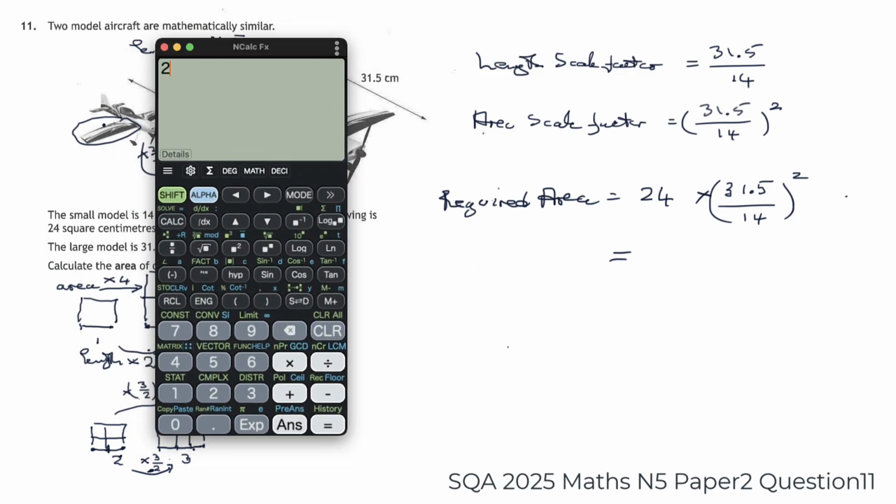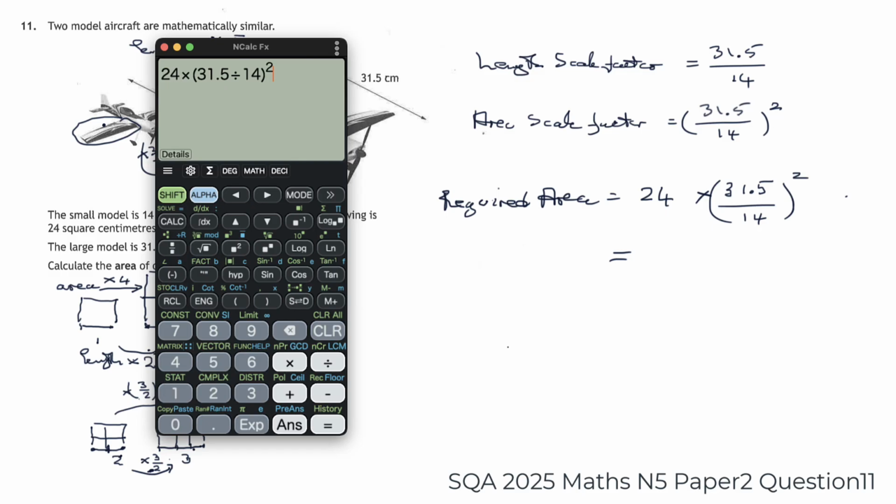So let's do that. 24 times, now in brackets we have 31.5 divided by 14. Let's close the brackets on that, and we have to square it. Now I do have a square button. You'll need to find where yours is.